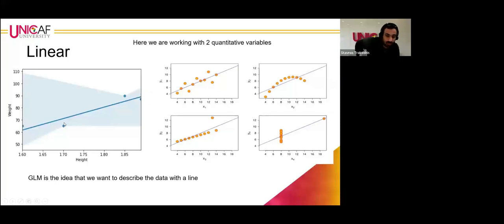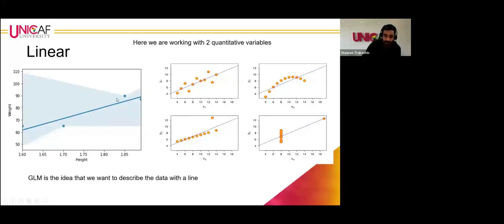Okay, so what we need to know at this point is that with a line that passes through the data and is drawn with the previous formula, we can describe the relationship between these 2 variables, independent and dependent variable, and make predictions even on data that I don't have.